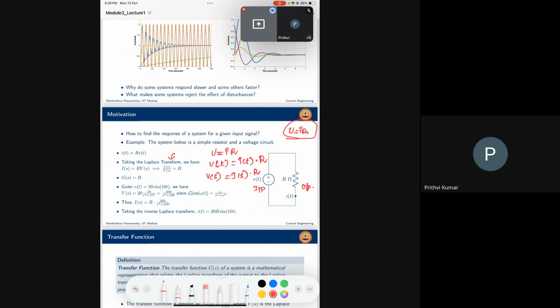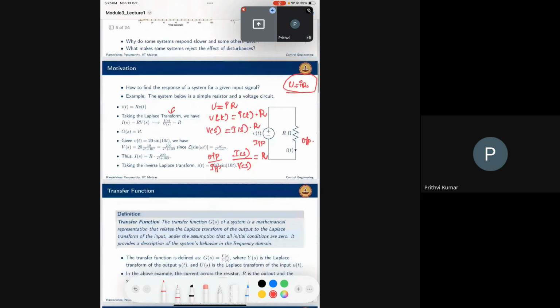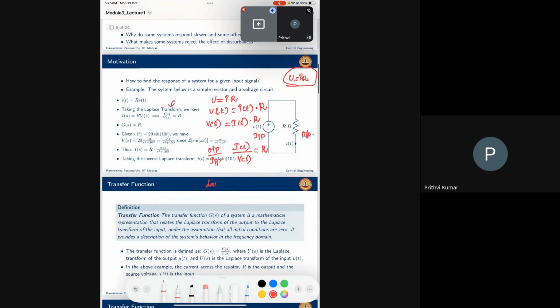I am writing in terms of output by input. It will be I of S by V of S equal to R. Whenever you write the Laplace transform of output by Laplace transform of input, you call that a transfer function. This is the official definition of the transfer function too.